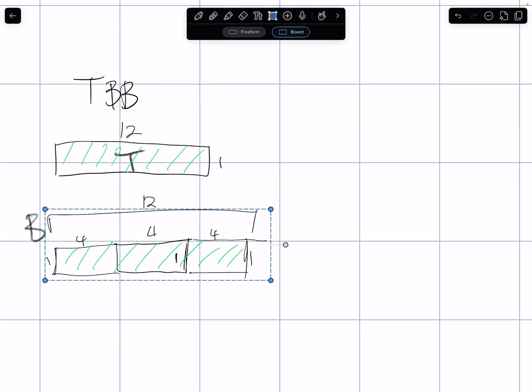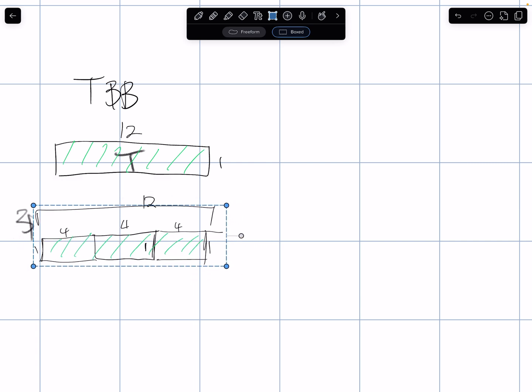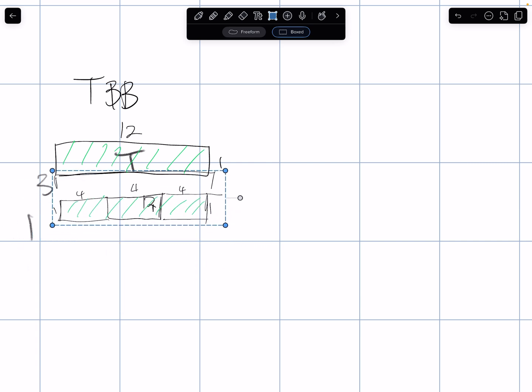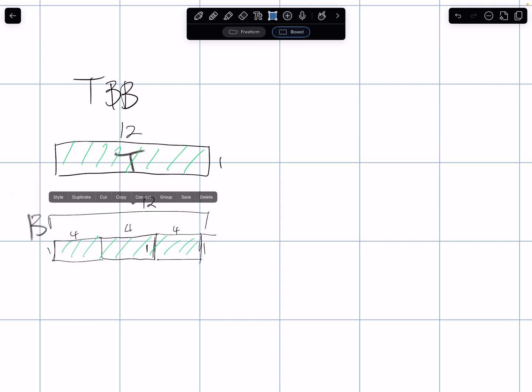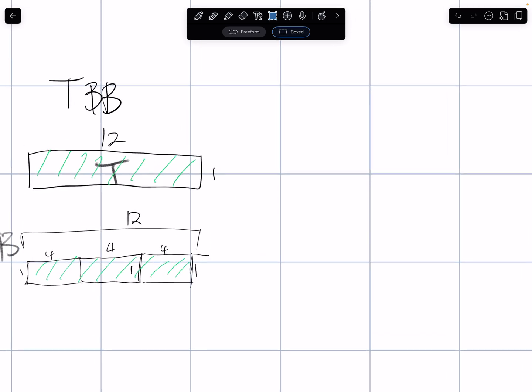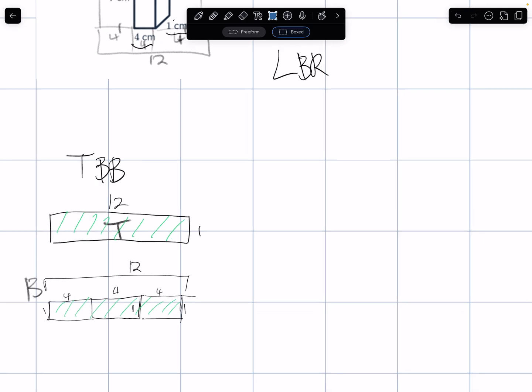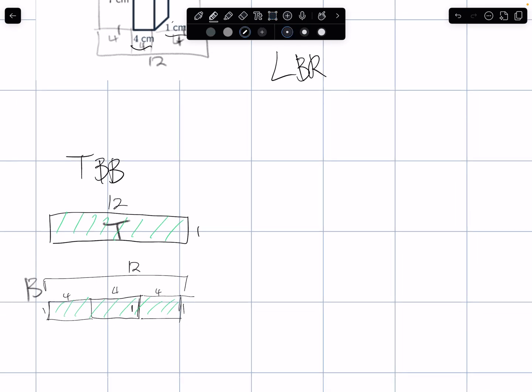Just shrink it a little bit to make it look more the same. Okay? So does that make a bit more sense to you? I hope it does. Anyway, we're going to roll with it.